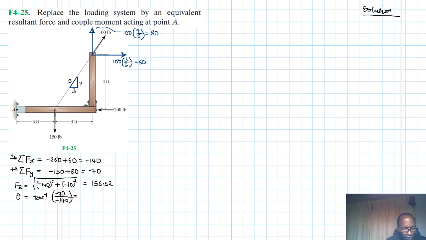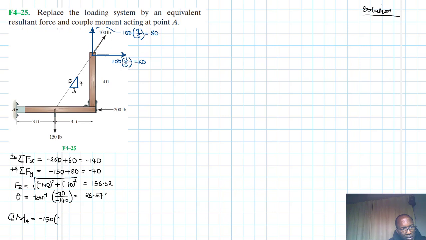Let's work out this on our calculator. 70 divided by 140, and then tan inverse of that, it gives us 26.57 degrees.